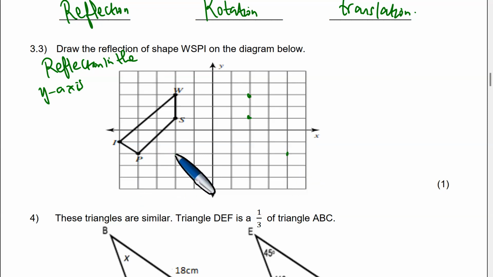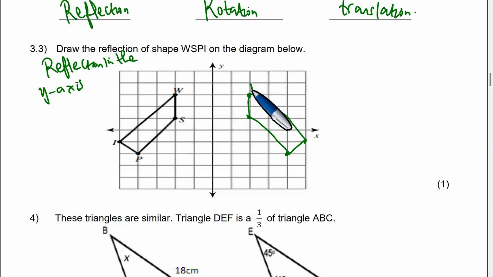In which case, from here, 1, 2. Okay. And then here, you can count diagonally just one across. So you're going to have this here, and then you're going to have something like so.